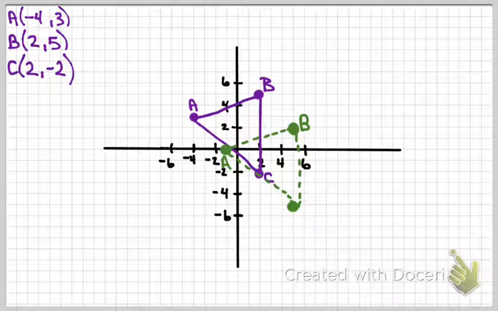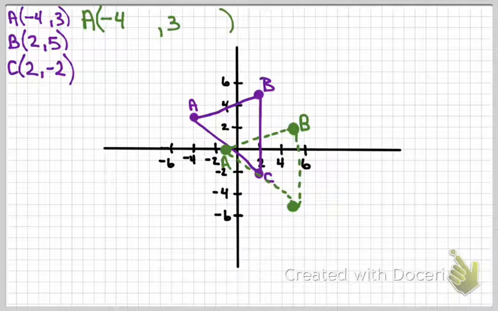You have another method. If your instructions are still the same, to translate the figure 3 units to the right and 3 units down, you can actually do the translation in the ordered pair. If I'm moving 3 units to the right on X, is that positive 3 or negative 3?